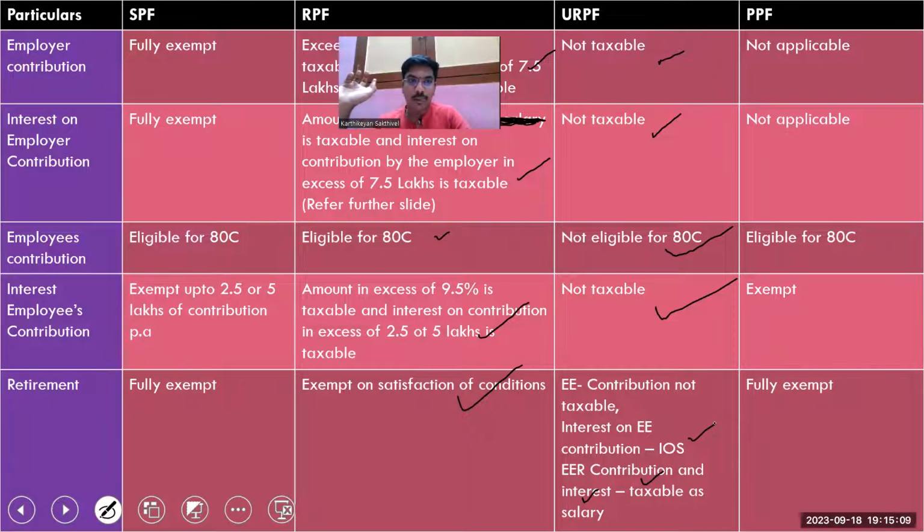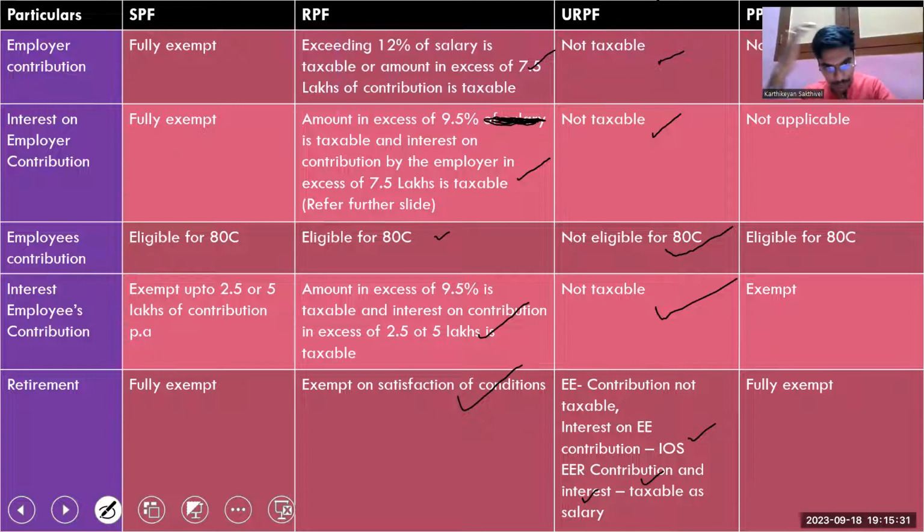Is this clear? Statutory provident fund, unrecognized provident fund, clear? Yes, sir. Now, not eligible for ATC. So what is the question specifically? Yes sir, they cannot claim it as a deduction under ATC.